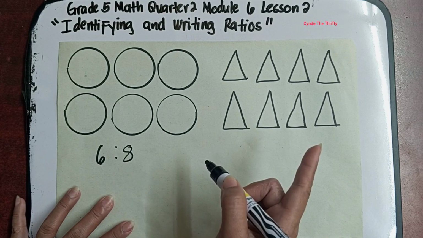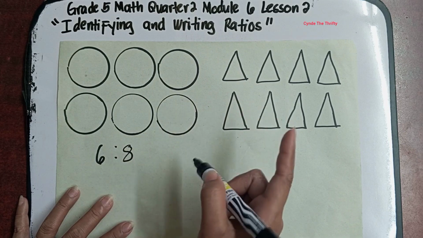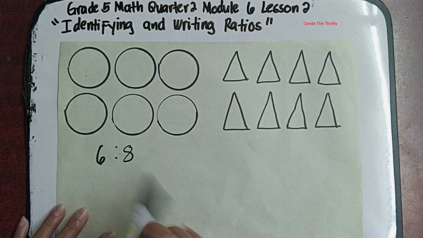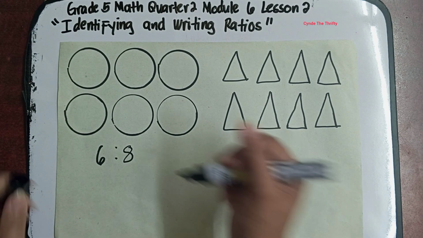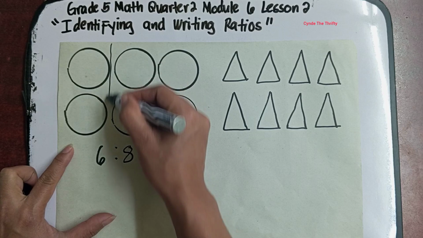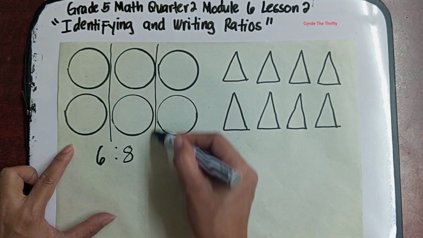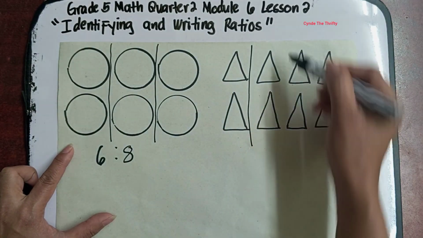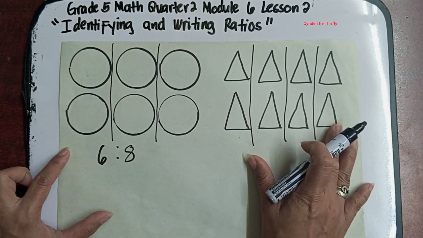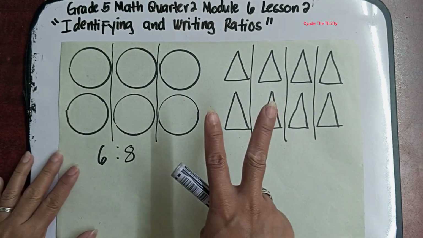Ngayon, titingnan natin kung ano ba ang kanyang equivalent fraction ni 6 is to 8. Ang equivalent fraction ni 6 is to 8, kapag igrupo natin ang ating figure ng tig-dalawa, so kung meron tayong dalawa dito at dalawa dito, gawin lang natin siyang tig-dalawa. Okay. So, ngayon is i-count na natin kung ilang tig-dalawa meron tayo.